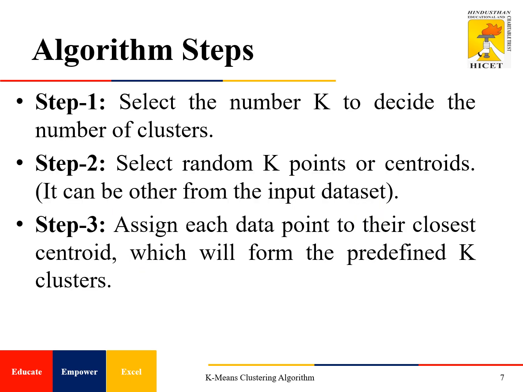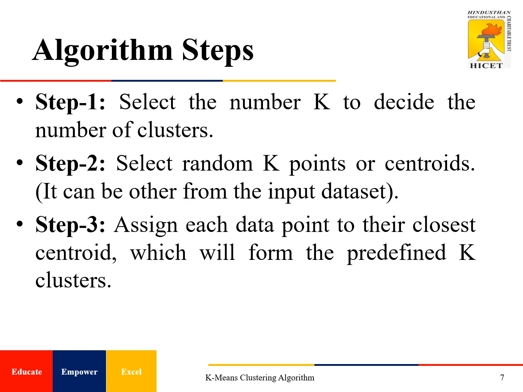Now the algorithm steps. The first step is to decide the value for K. What K value are we going to use in this algorithm? That decides the number of clusters, which is the output. Then find the K points, the number of points to be added into one particular cluster.